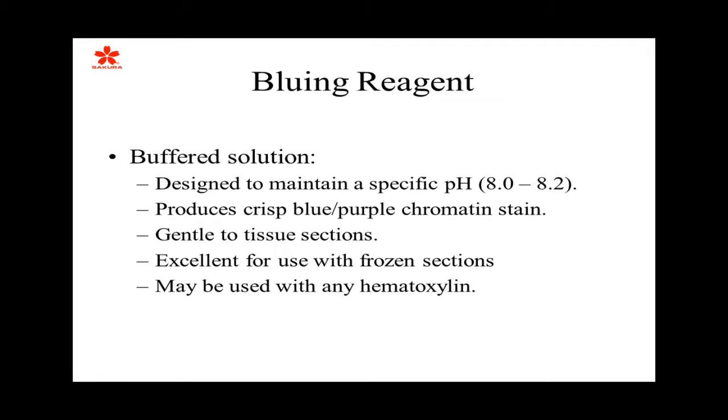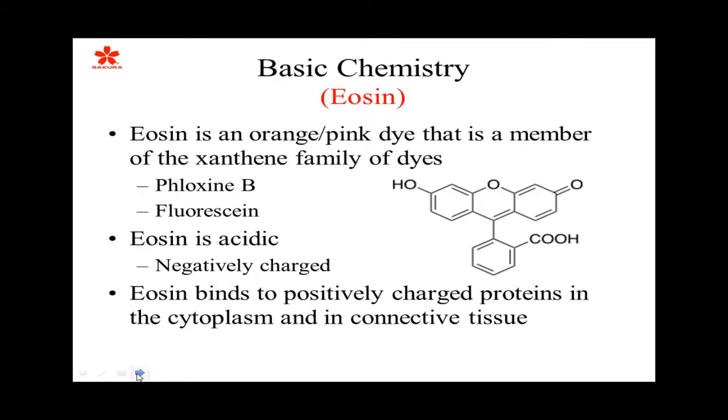So while it's designed to be used within a staining system, you can actually use some of these buffered differentiation reagents with any other hematoxylin. I think Clarifier is one that is used by Richard Allen. Define is another one that is used by Leica Selectech. The blue buffer, I think, is what it's called with Leica.